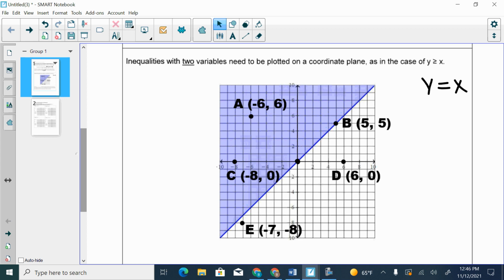So what letters fall in our shaded region, or what coordinate points fall in the shaded region here? Right. As well as our point B, because it's on the line, right? And it did have the equal to sign with it. So anything on your line will also be included.